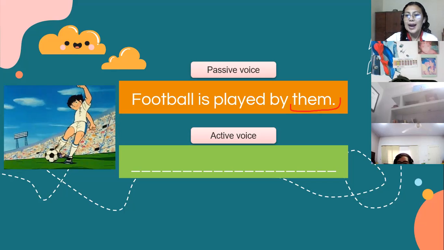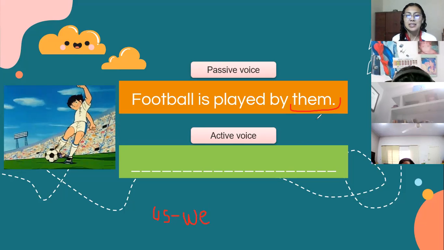Si yo pongo us, U-S, ¿a qué sujeto estoy reemplazando? We. Muy bien. Excelente. Ahora aquí tenemos them.